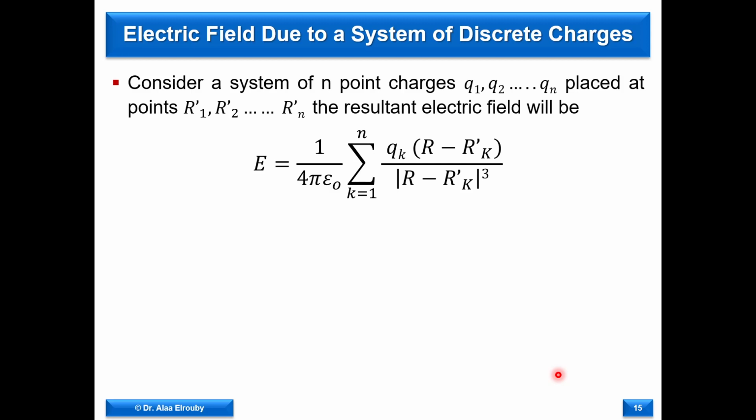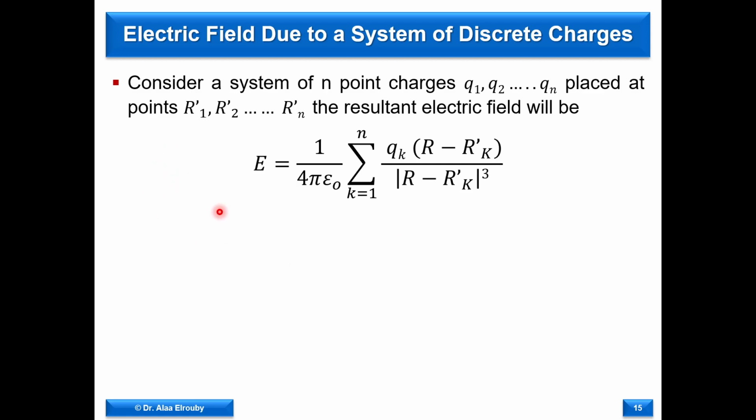If we have multiple point charges, the electric field is the superposition of the electric field from every single point charge. So if I have n point charges and any arbitrary single observation point, the electric field at this point will equal the electric field caused by charge 1 plus, and plus here means vectorial summation, the electric field caused by charge 2 plus the electric field caused by charge 3, and so on until we add the electric field caused by charge n.